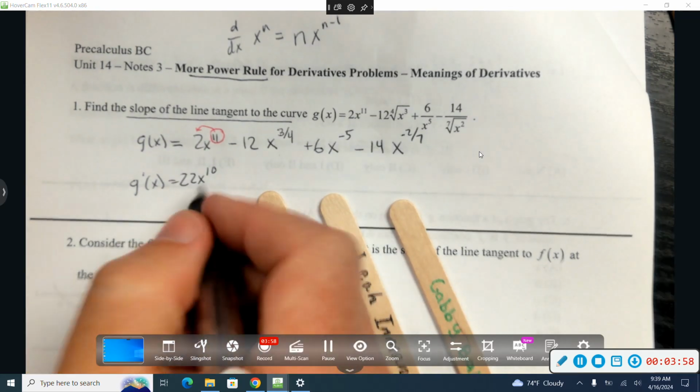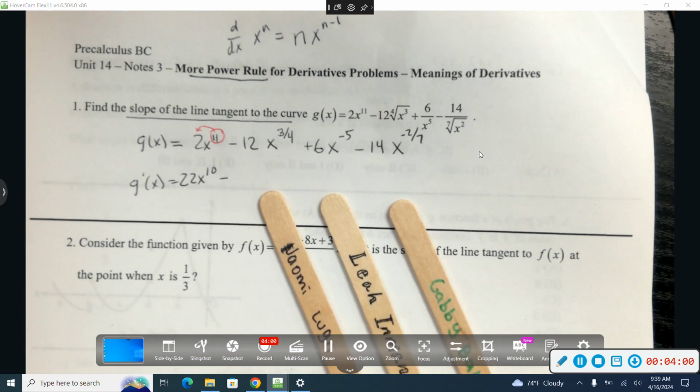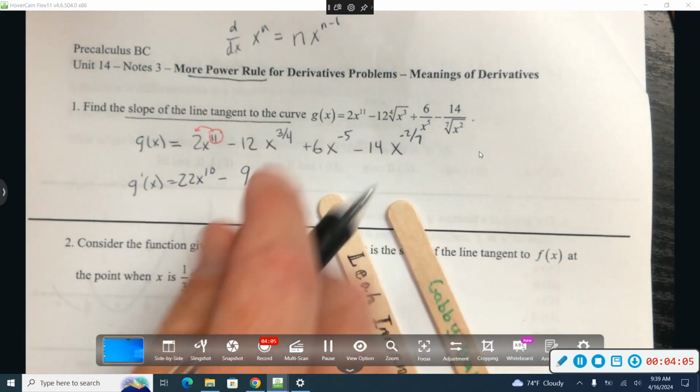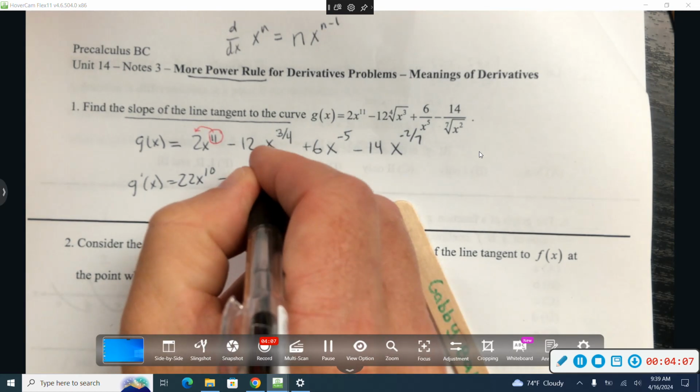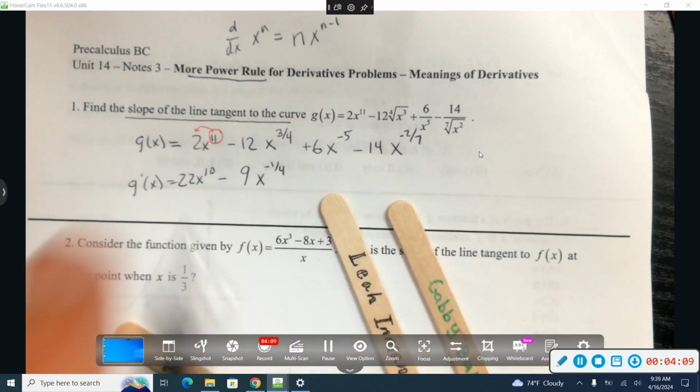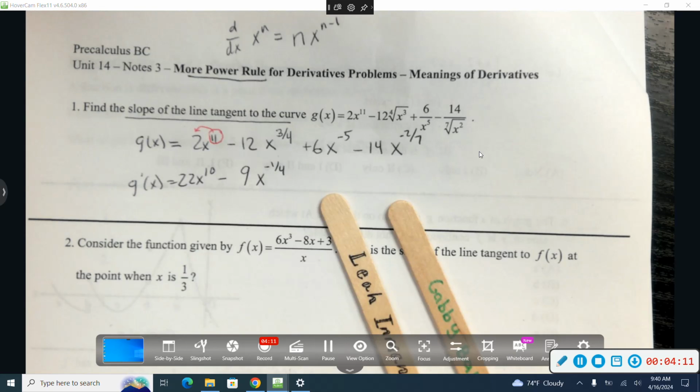So, Naomi, how about... Oh, you got fractions to deal with. Negative 9x to the negative 1/4. Very nice. So 3/4 times 12 is 9, and then 3/4 minus 1 is negative 1/4. So Naomi got lots of fraction work in there.